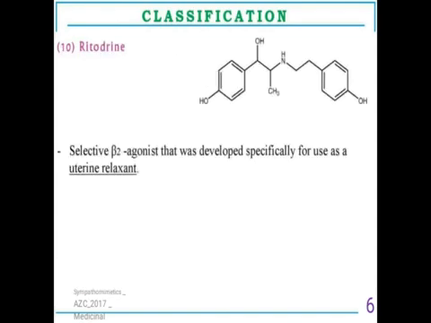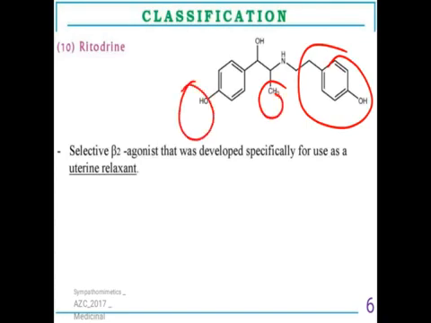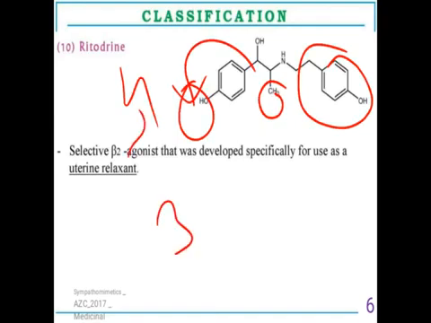Then ritodrine. Here you can observe this is the bulky group at this position. This is CH3, and this is only the hydroxy group. This hydroxy group is present at the fourth position. Due to the presence at the fourth position instead of the third position, it becomes more beta 2 selective, and it is utilized as a uterine relaxant agent.